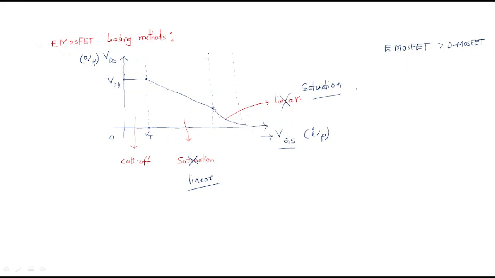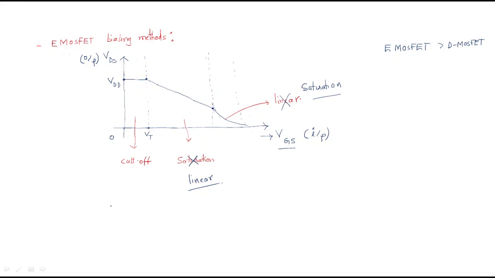In the saturation region only, it acts as the amplifier, right? In the saturation region, by giving a low amplitude signal, we get a high amplitude signal. You know this point.